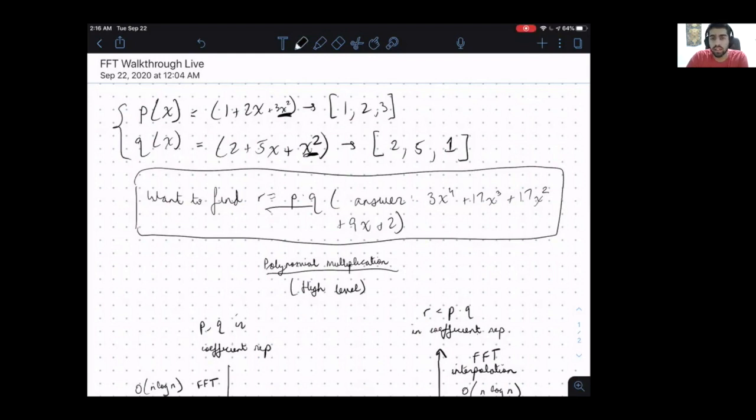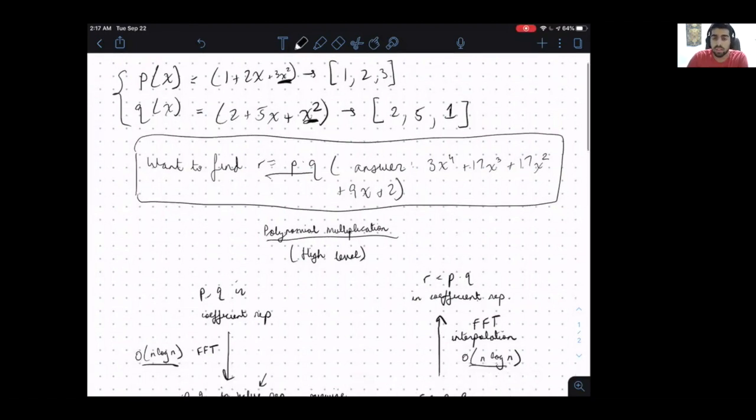And just as an aside, this video might be fairly long, so by the time we come back to it, we might forget where we were coming from and what we expected our final answer to look like. So just as a sanity check, I went through and did this computation beforehand, and the result of the polynomial p times q is this over here: 3x to the fourth plus 17x cubed plus 17x squared plus 9x plus 2.